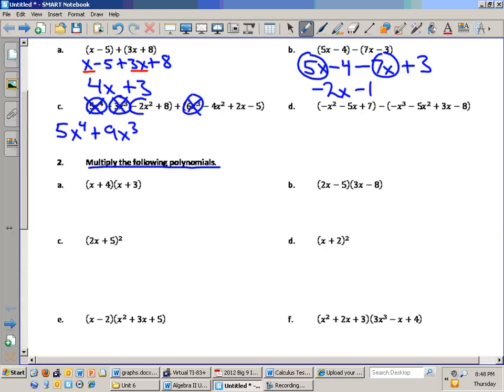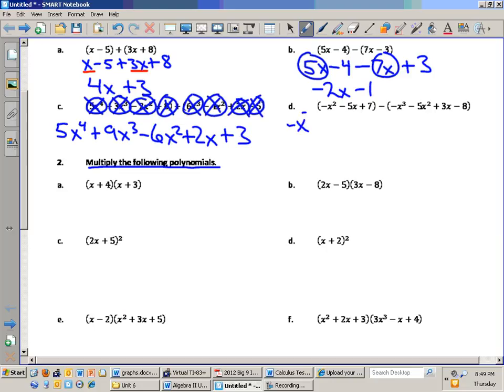I have negative 2x squared and a negative 4x squared. That will make negative 6x squared. I only have a positive 2x, so I just write positive 2x. And then I have a positive 8 and a negative 5. Positive 8 and negative 5 make positive 3. So that's my answer.